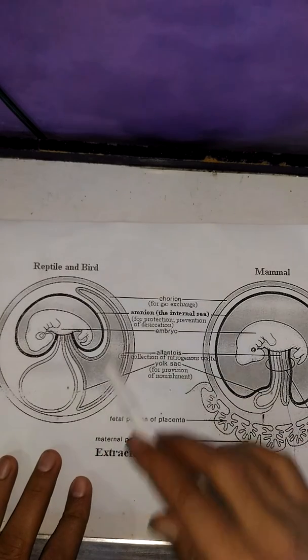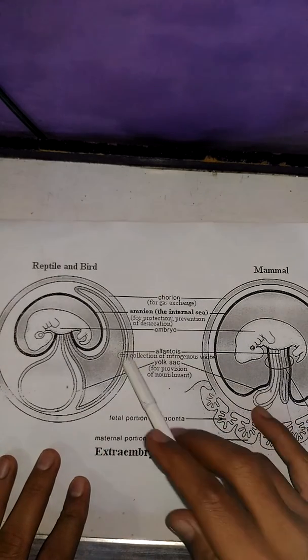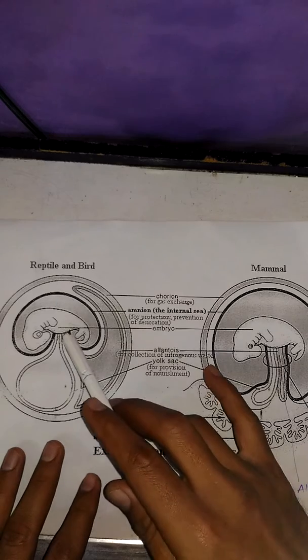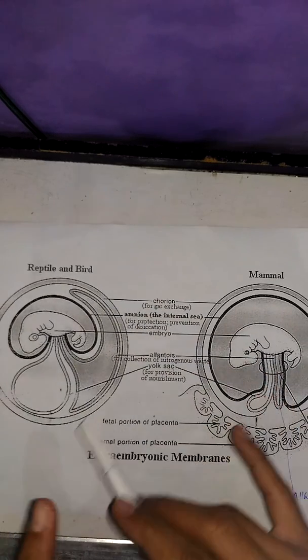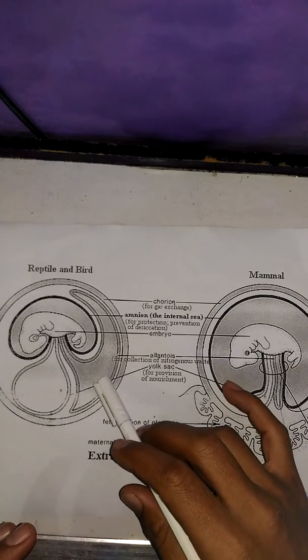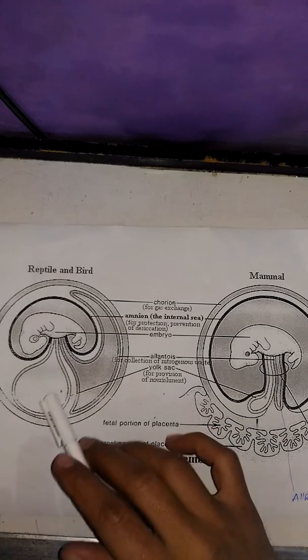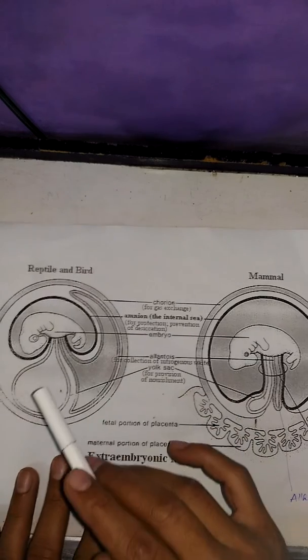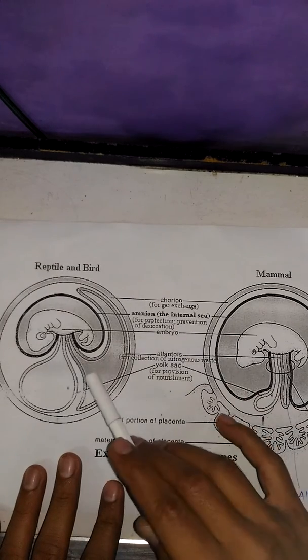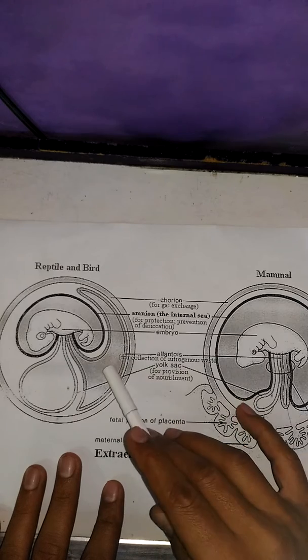Here is a sac called the allantois. All the waste secreted by this embryo comes over here and accumulates here. So by now we have talked about three sacs: the amniotic sac, the yolk sac, and the allantois or allantoic sac.